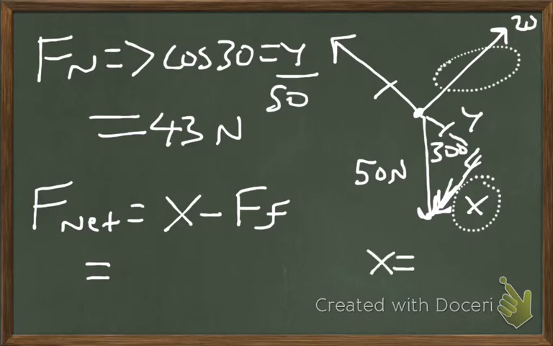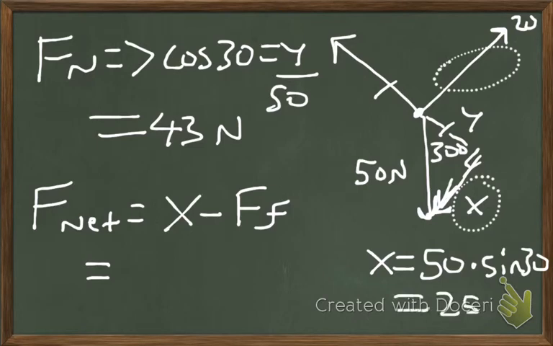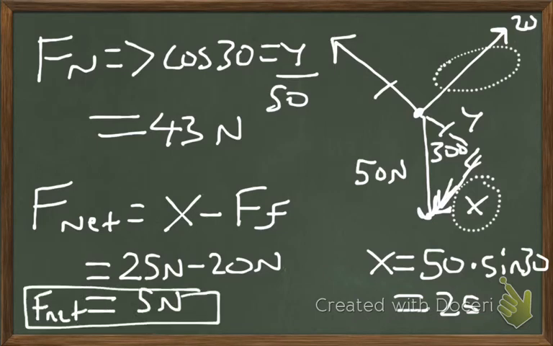We can do that easily with the triangle. We can just do sine of 30 times 50. That'll give us x. And if you remember, sine of 30 is 1/2, so x is 25. So our net force is 25 minus what we were given, 20 newtons. Our net force is 5 newtons, and that is going to be that way. So down the hill. 5 newtons down the hill.